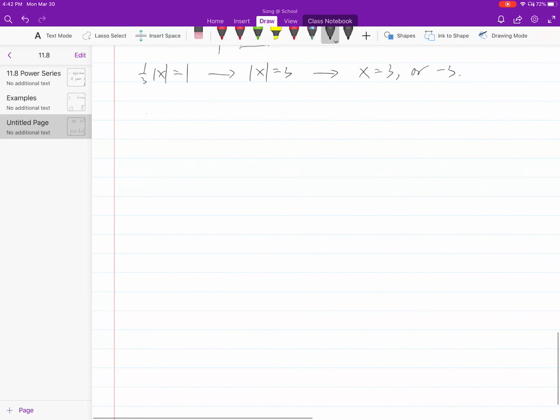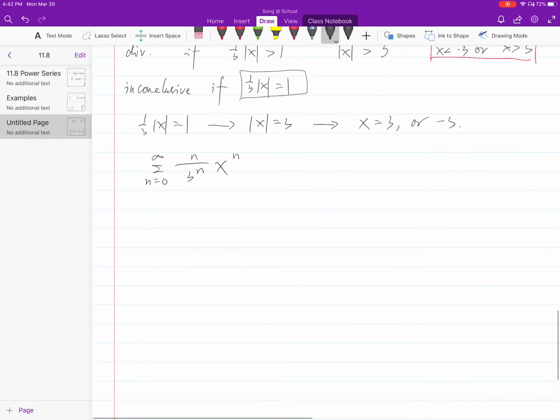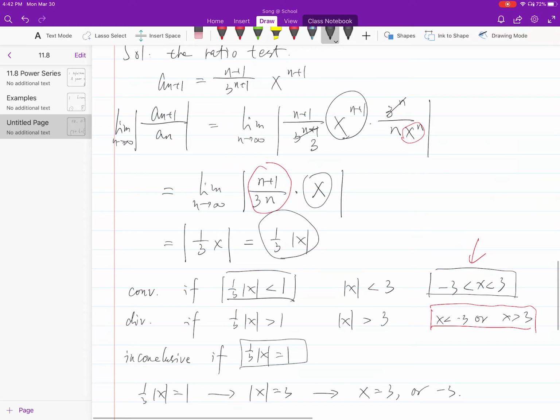Remember, your a_n, let's see, it is the sum n from 0 to infinity, n over 3 to the n, x to the n. Now when x equals 3, this one becomes the sum n equals 0, n over 3 to the n, 3 to the n. They cancel each other. Am I doing the right thing?